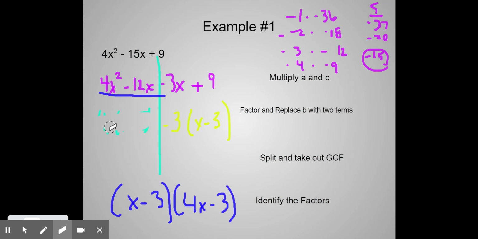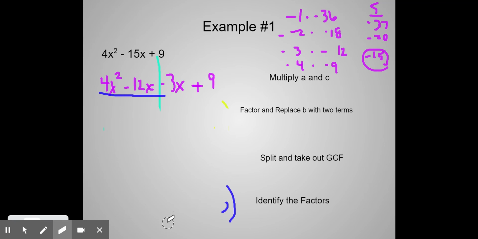So I'm going to do some erasing. Sorry, it takes a little bit. And what I'm going to do is essentially exchange where the -3x is and the -12x. So let me go ahead and exchange them.